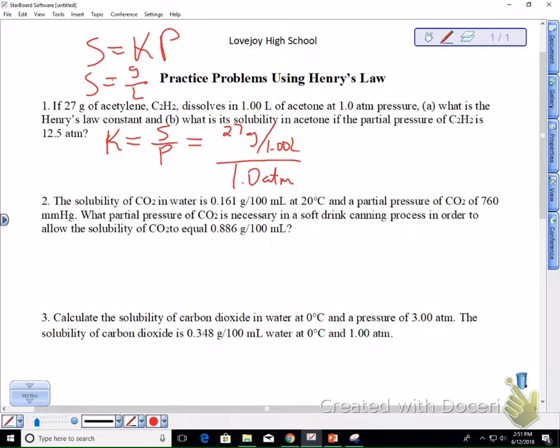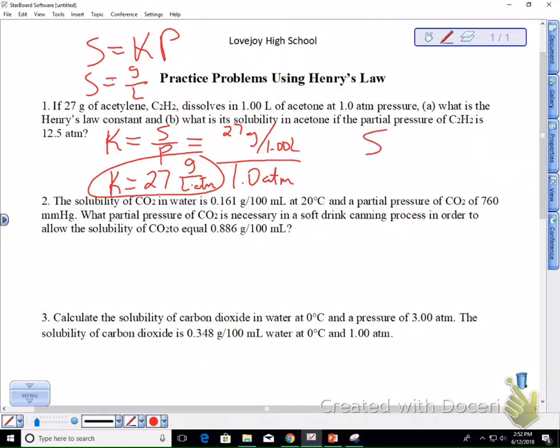So for this gas-solvent combination, K is 27 grams per liter atmosphere. Not the hardest math in the world. In part B, what is the solubility in acetone, so the same solvent, if the partial pressure is 12.5?